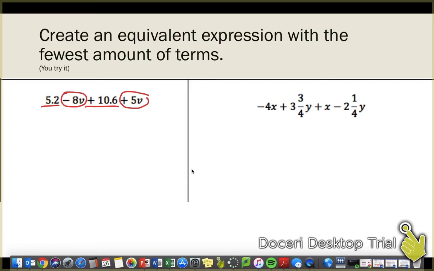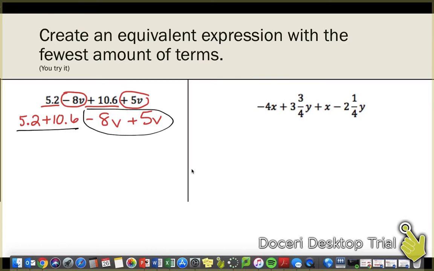So if I reorder that, I have 5.2 plus 10.6 minus 8v plus 5v. These are the same terms, and these are the same terms. 10.6 plus 5.2 gives me 15.8.